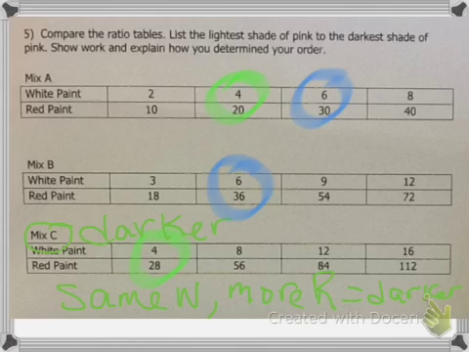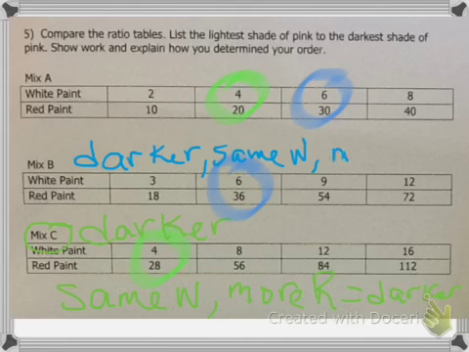So that means mix B is darker than A. Again, it has the same white. More red. And I apologize for my messy writing.